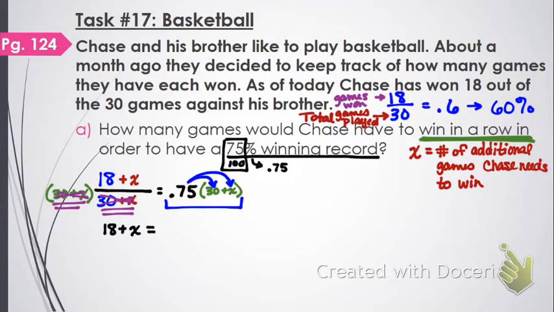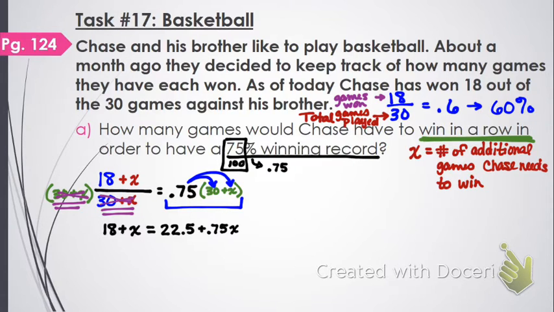Jocelyn, can you grab a calculator for me and do the 0.75 times 30? 22.5. And what would I get when I do 0.75 times x? Yep, so I have plus 0.75x.